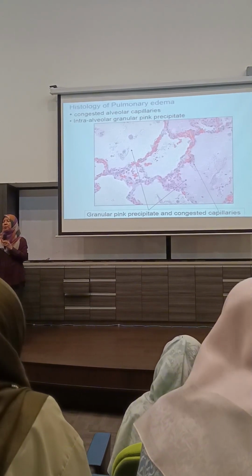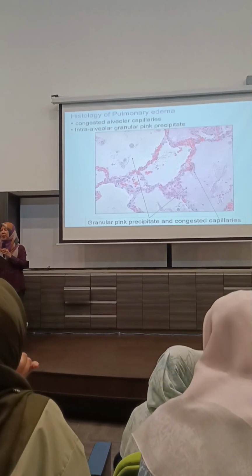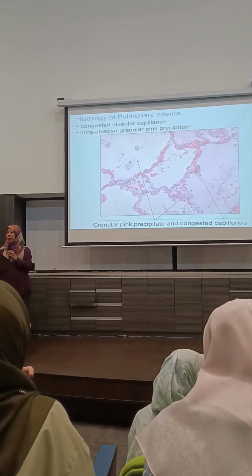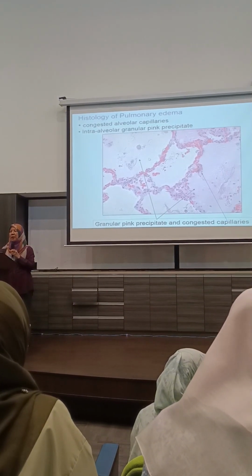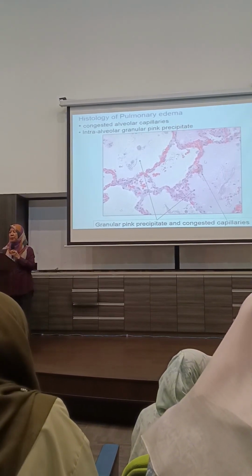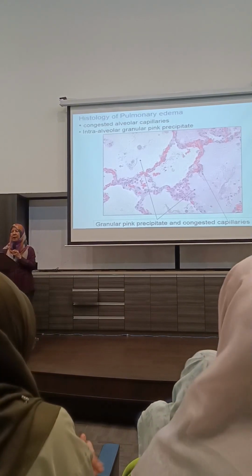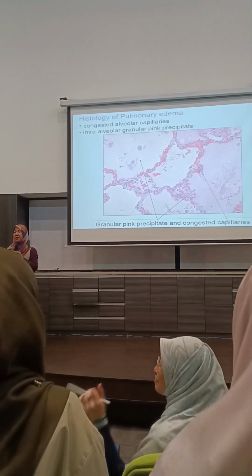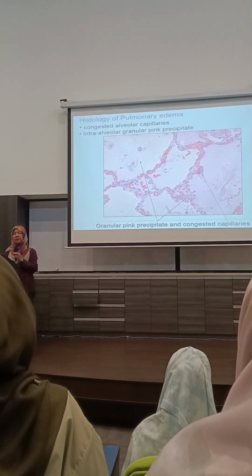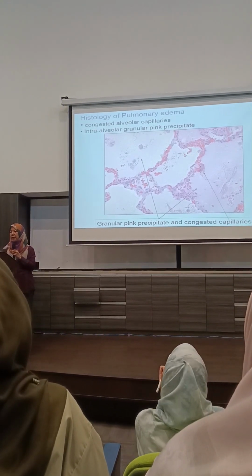Under the microscope, you find that all these capillaries are being destroyed, and fluid and protein from the blood will ooze out, and they can even go into the alveoli. So they block the alveoli. The alveoli, instead of air, contain some proteinaceous fluid. So this is pulmonary edema.